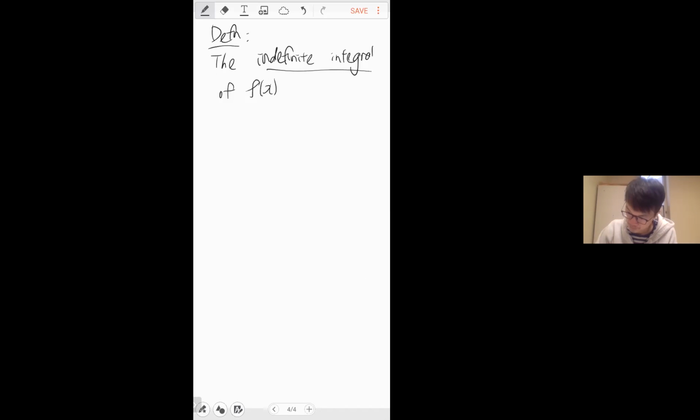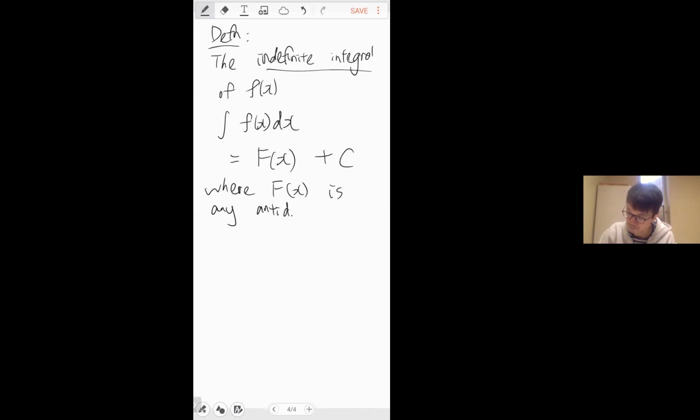This is a notation for the indefinite integral, and I define it to be this guy, where capital F of x is any antiderivative, and c is a constant.